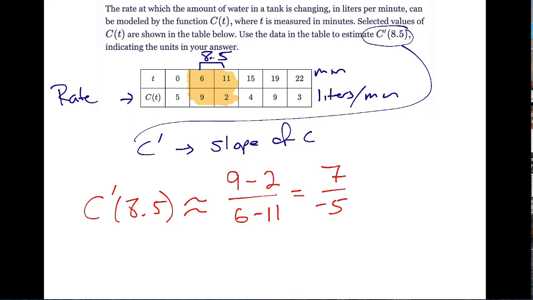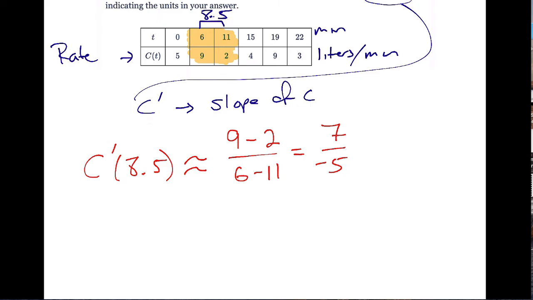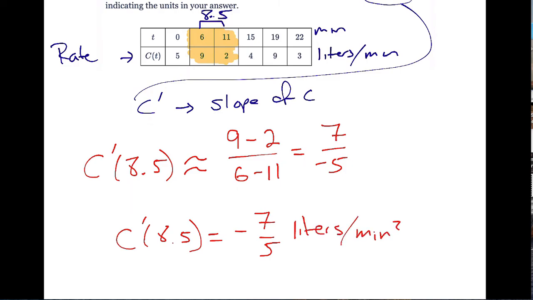Now, if you're wondering what the unit of measure is, maybe you already know. If C is in liters per minute, you hopefully know that C prime of 8.5 is negative 7/5, and you maybe already know it's in liters per minute squared.